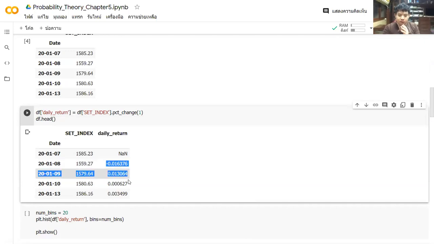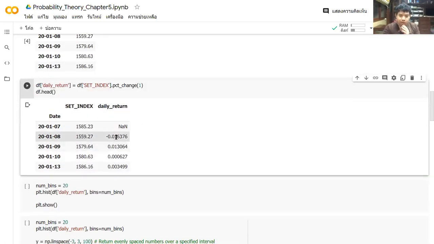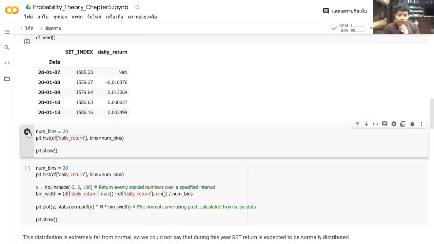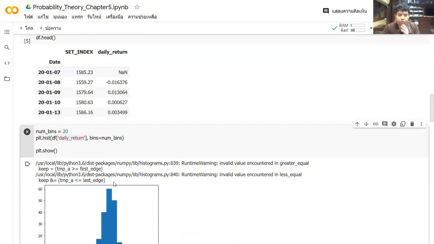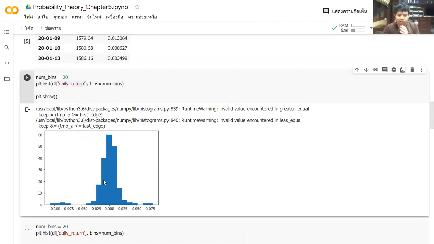So the numbers start from the second and the third and so on. It's like minus 1.6%, right? And then we plot the distribution. Is it normal? Kind of no, right? Not like that.